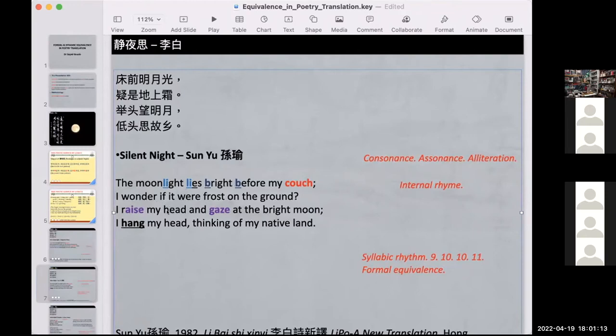The internal rhyme: raise, gaze. "I hang my head": the H again, the repetition of hang, head. Again, this is alliteration. All this creates musicality, okay?